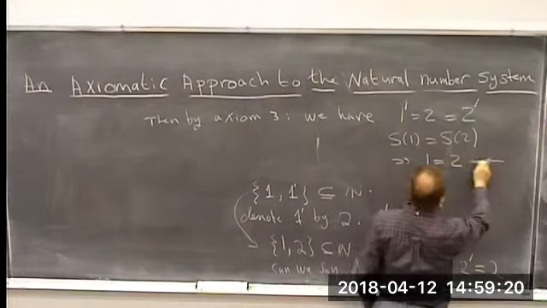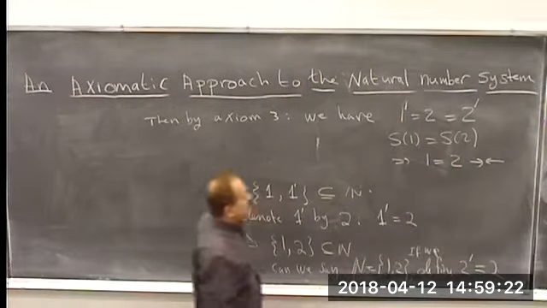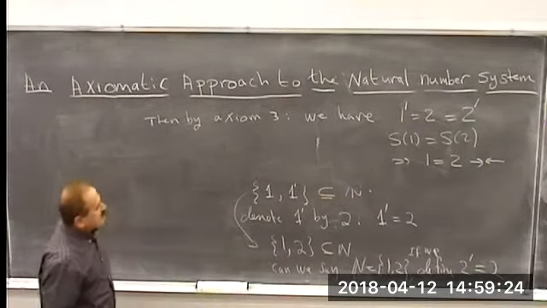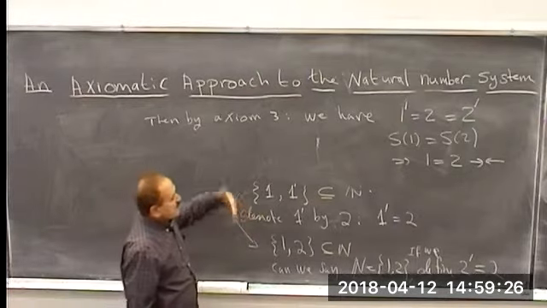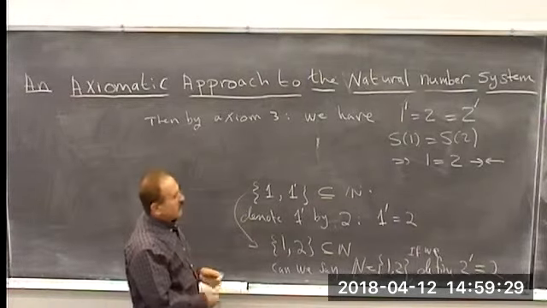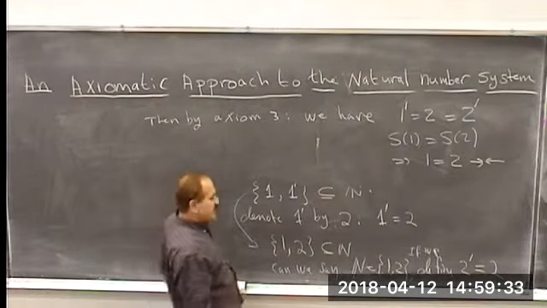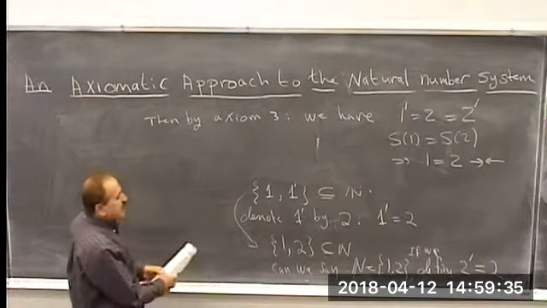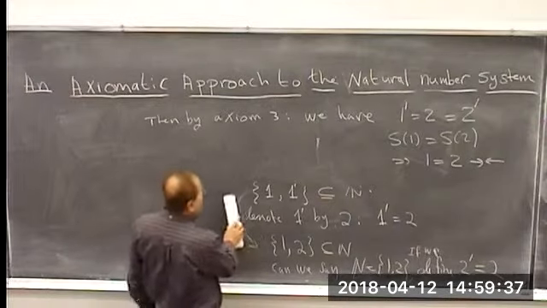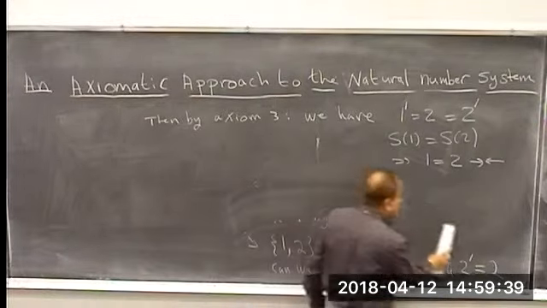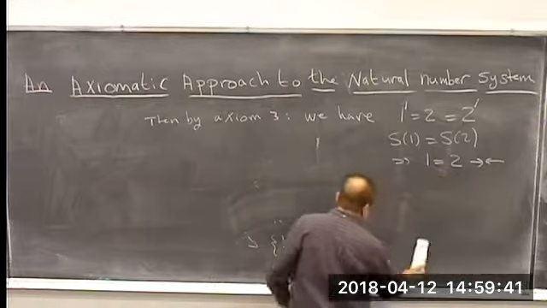And this is not true. This is a contradiction, because we are saying that 1 and 2 so far are different. So we cannot stop here. We have to have another one.